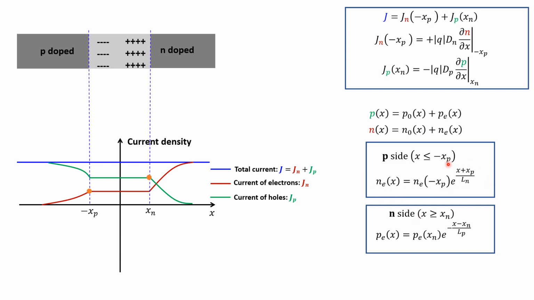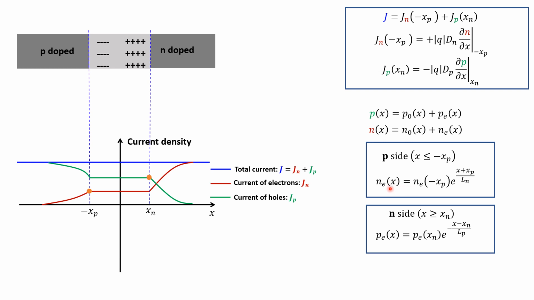And here we have a similar expression for the concentration of electrons in the p side. The origin now is at the point minus xp, so the boundary condition now is that the concentration at this point must be this term here. So when we replace x with minus xp, the exponential will be 1, and we get that this term will be equal to this, as expected.